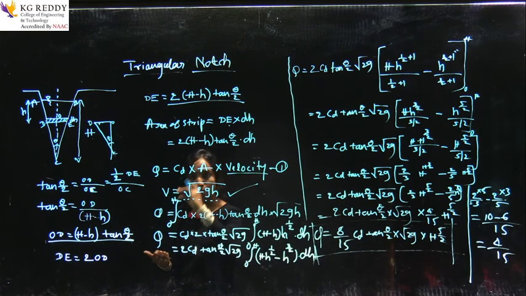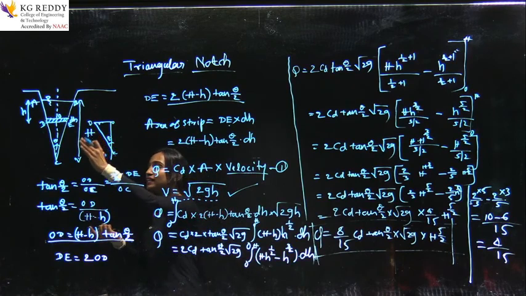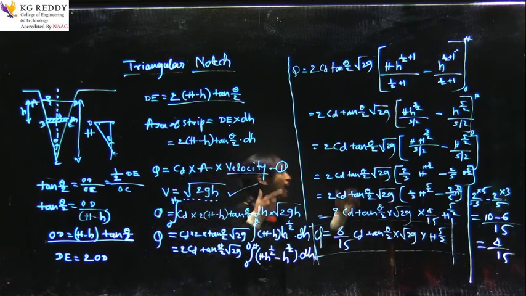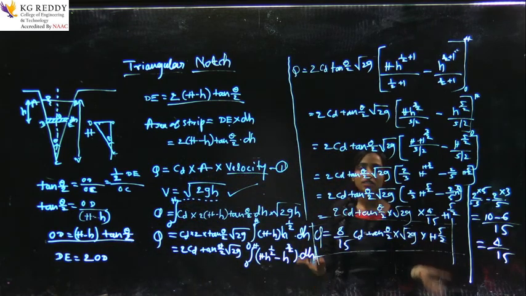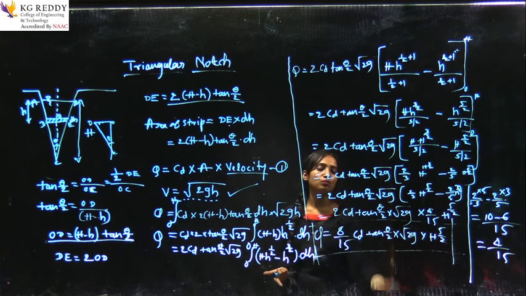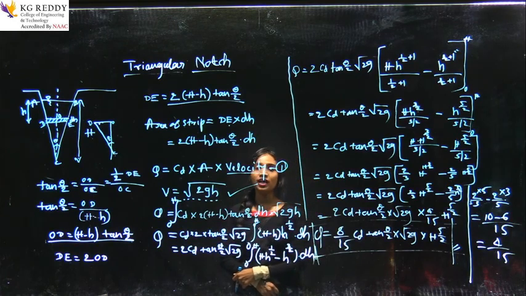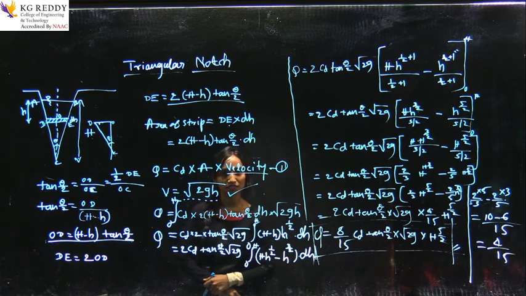The small strips, when integrated, give the whole notch. Just integrate, and the rest is simplification. You will get this as the final answer. I hope all of you understood, and thank you. The next video will be solving problems on this. Thank you.